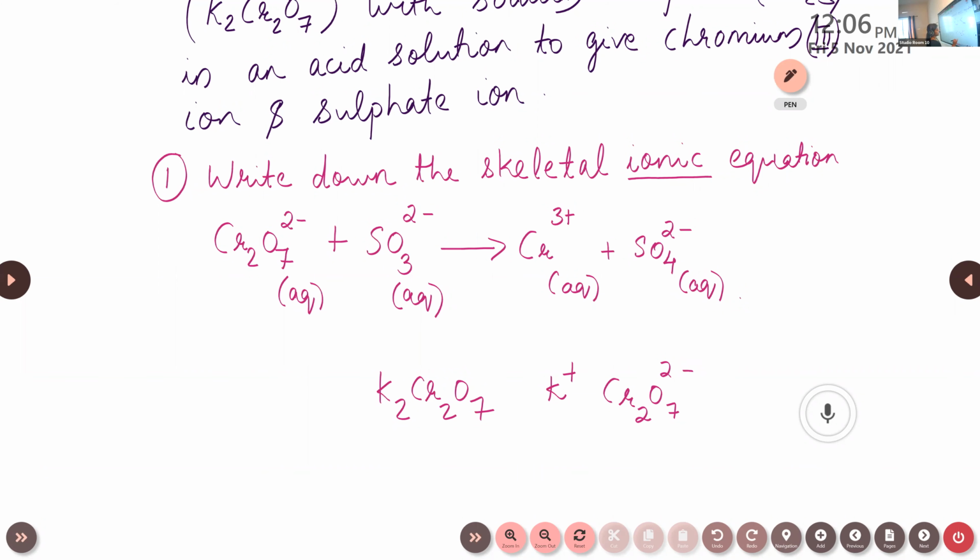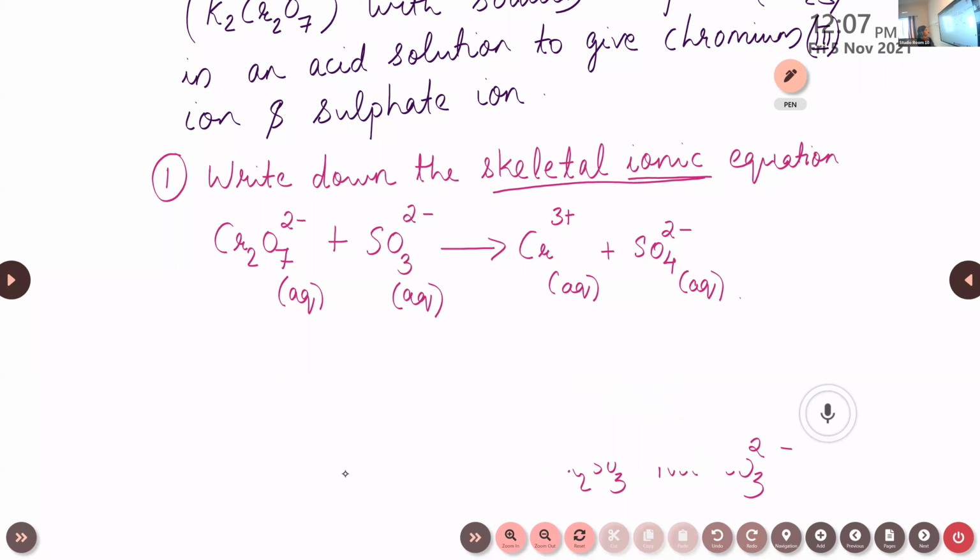Similarly, Na2SO3 can also be split into Na plus and SO3 2 minus. Clear? And here we have to represent it in the form of skeletal ionic equation. That's why this portion is only taken. This is clear, Nimida? Yes, ma'am. So that's the first step.